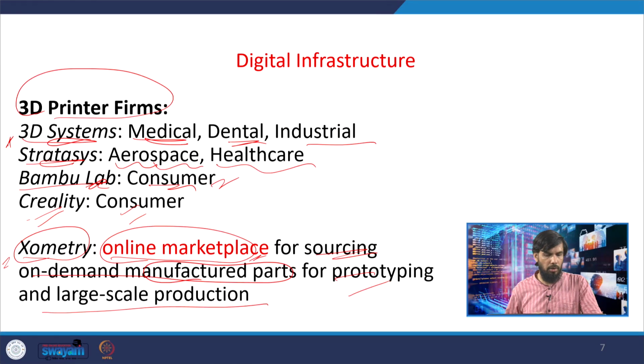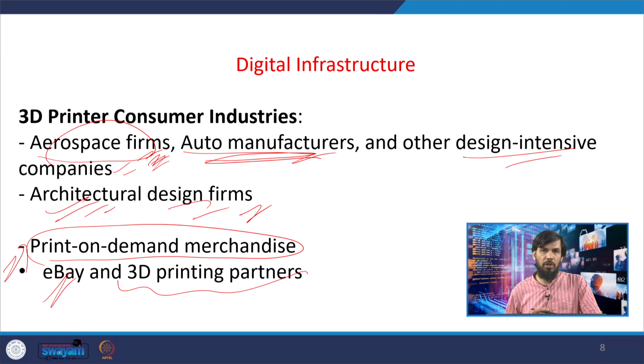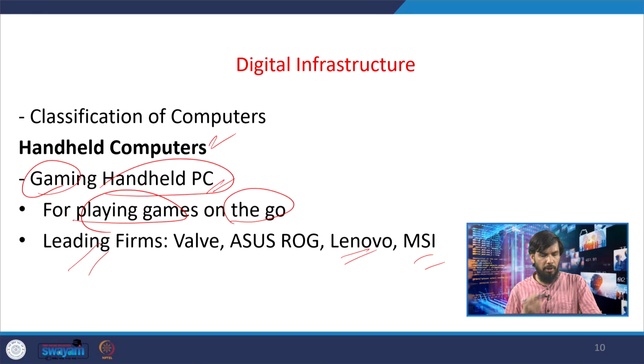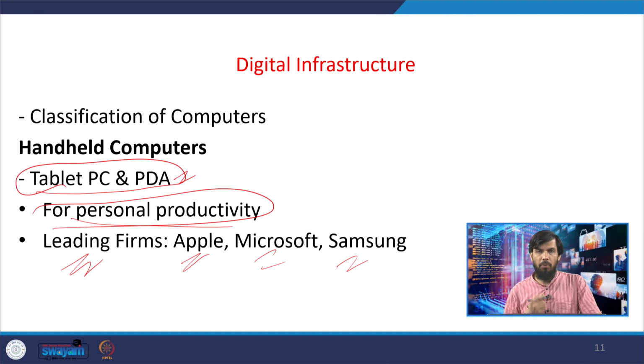Then we understood different firms that are operating in this space, the online marketplace, Axometry. Then consumer industries, we talked about 3D printer consumer industries, right, print on demand, eBay and their 3D printing partners. Then we talked about different types of handheld computers: rugged mobile computer, gaming handheld PC, tablet PC, PDA.